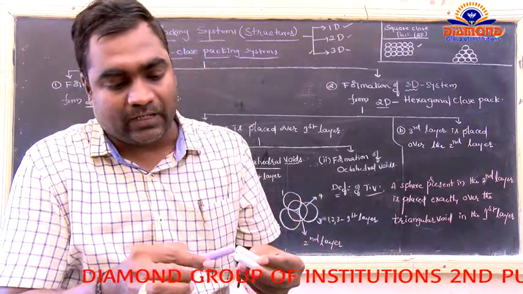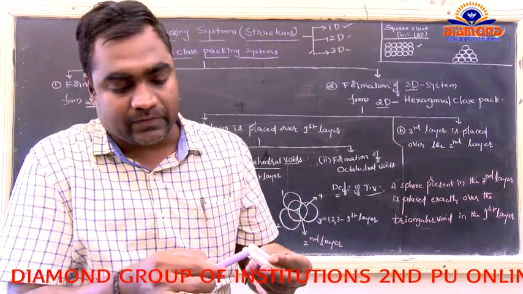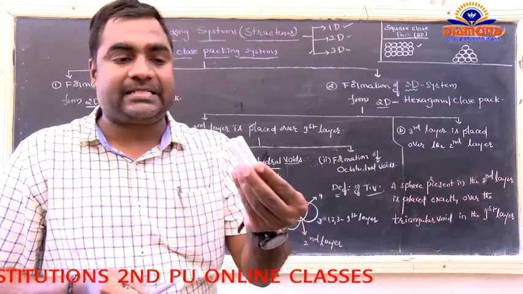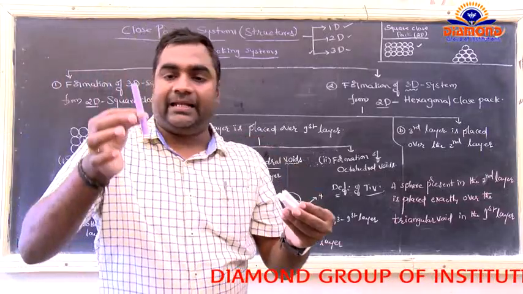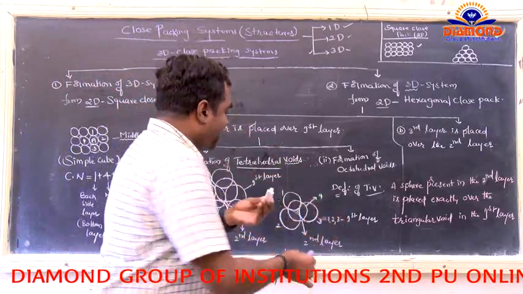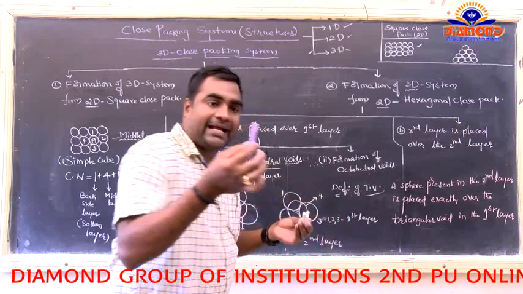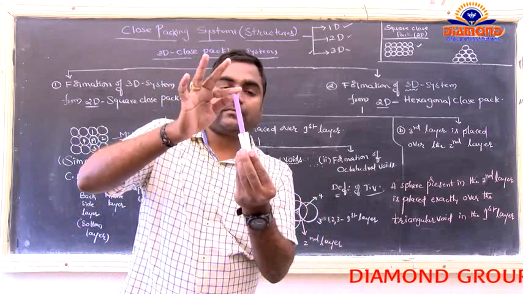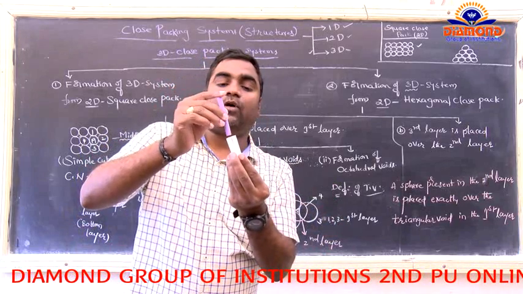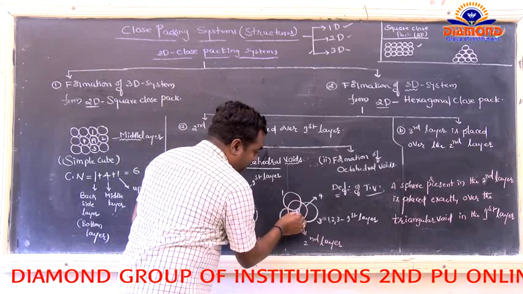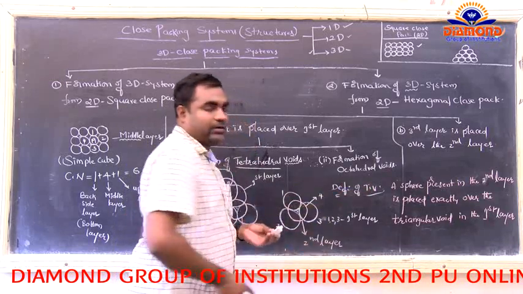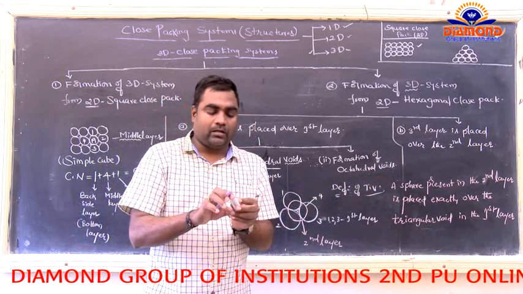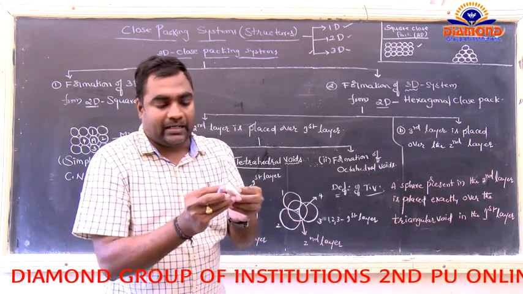Here are the spheres 1, 2, 3. We got one empty space in between these three. These three are present in the first layer. Again an atom from the second layer is taken and placed exactly over this. That void is called the triangular void.